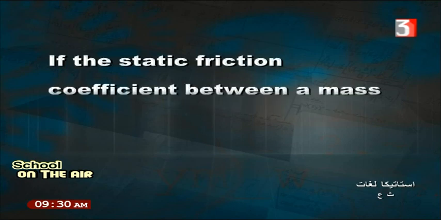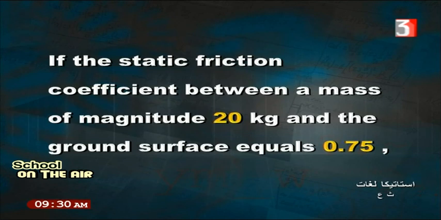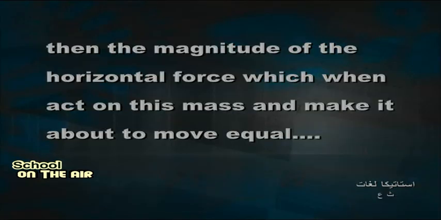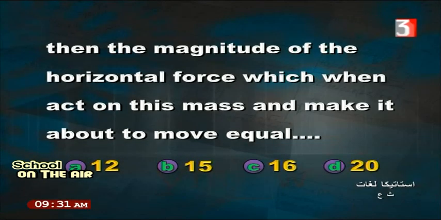Look, my dear student, if the static friction coefficient mu between a mass of magnitude 20 kilogram and the ground surface equals 0.75, the magnitude of the horizontal force which, when acting on this mass, makes it about to move equals: 12, 15, 16 or 20.